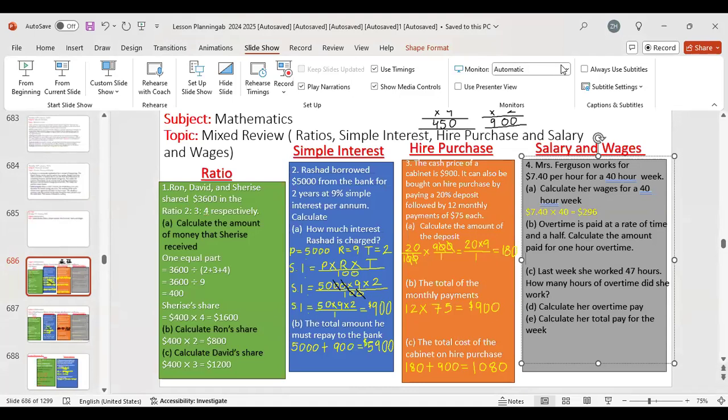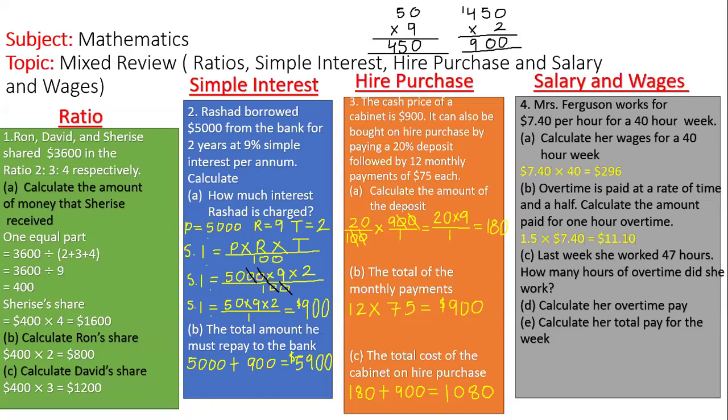$11.10. 10 cents. Very good. All right, $11.10. That's how much she's gonna get paid for 1 hour of what? No, 1 hour of what?